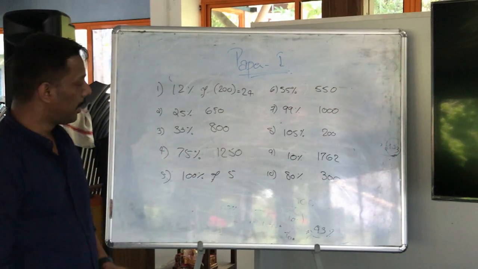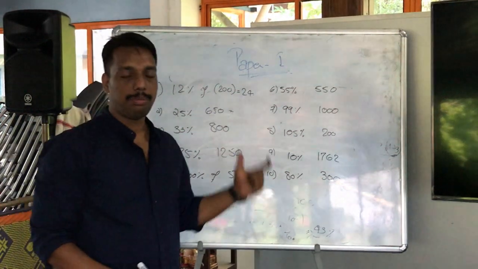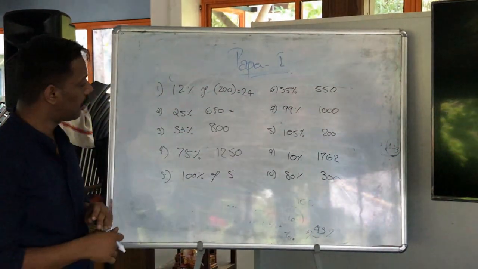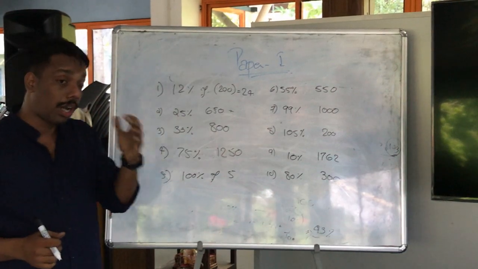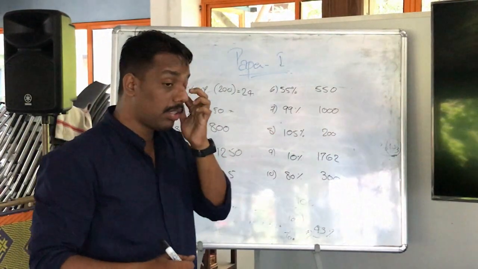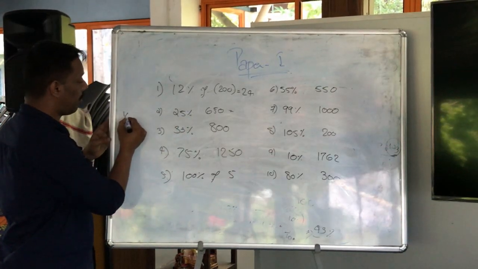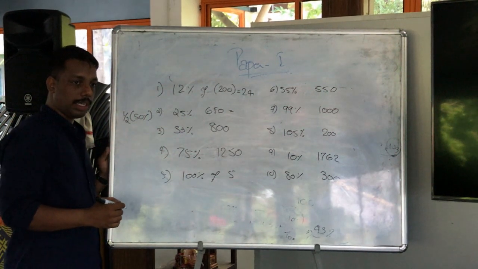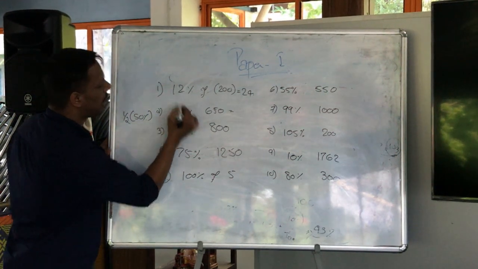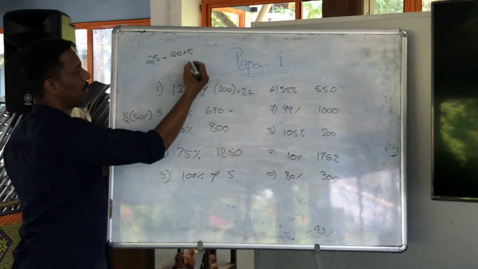What is 25 percentage of 650? What is 25 percentage? It is nothing but half of half, right? 25 percentage means half of 50 percentage. You don't need to split 25 as 20 plus 5.